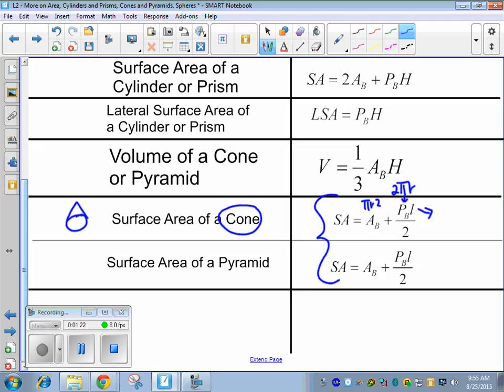And then L is always the slant height, which would be the distance from here to here on the cone. Okay, pyramid's the same thing except the base might be a triangle or a square or a rectangle, so you'll have to figure out area of the base and perimeter of the base.